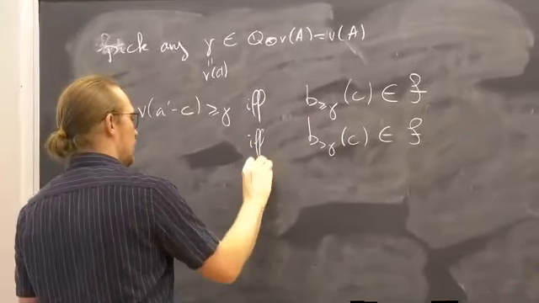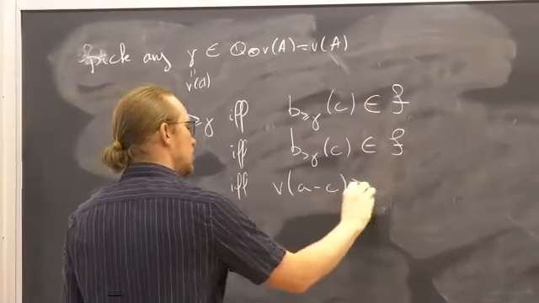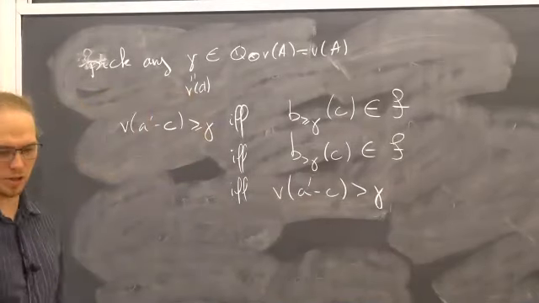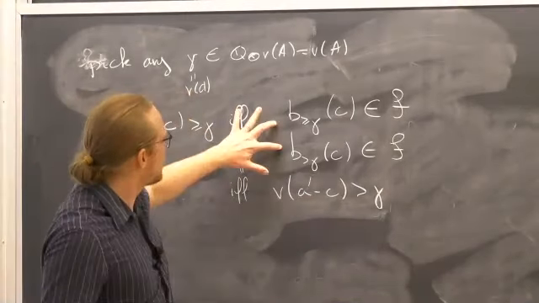So if and only if V of A minus C is strictly greater than A prime. But look, this here does not mention A prime.